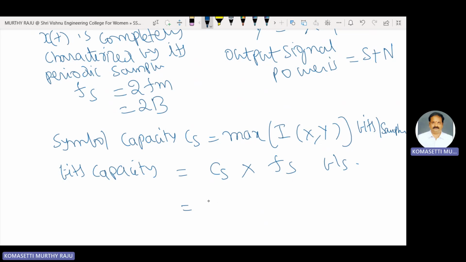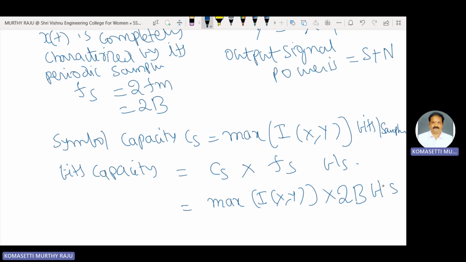CS is maximum of I of x comma y. Fs is samples per second. Fs is 2 FM, 2 into beta, samples per second.